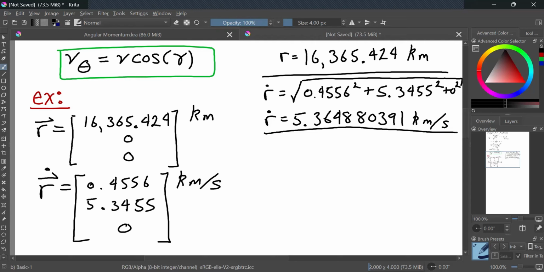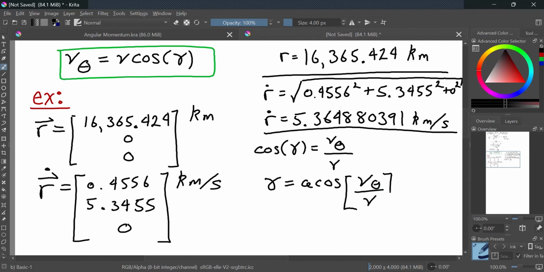So if we want to solve for gamma, let's go ahead and do that. Gamma is equal to V tangential over V. Carefully. Now we get to plug things in.